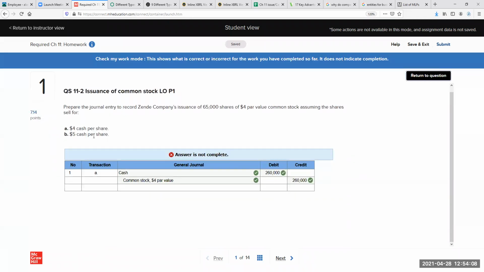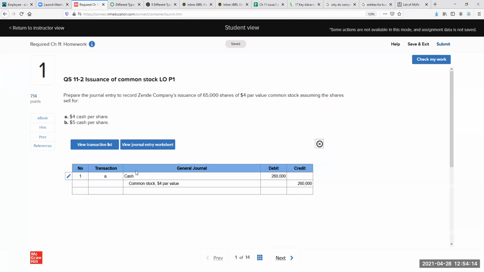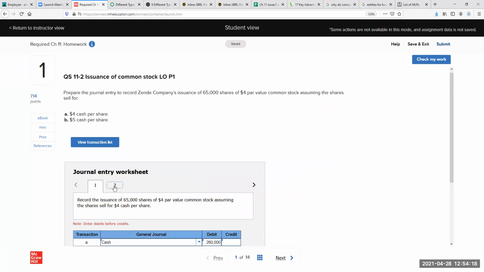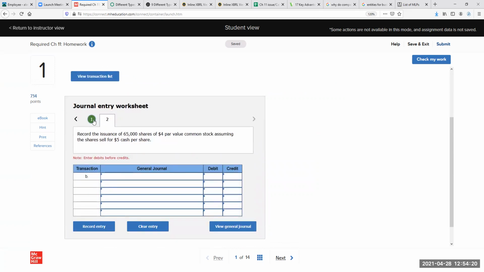The answer's not complete. Now look, it's $4 par. What happens if you sell it for $5? Now we sell for $5, and 5 times 65,000 is 325,000.